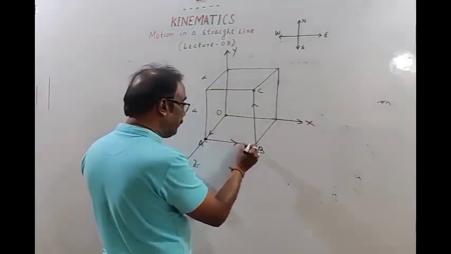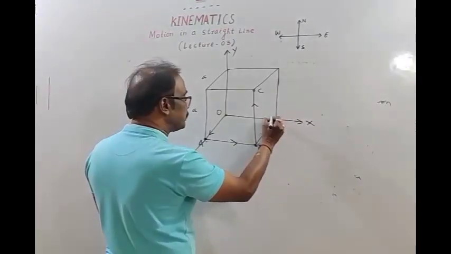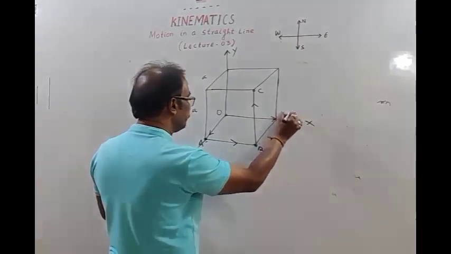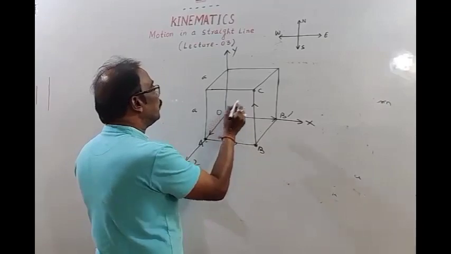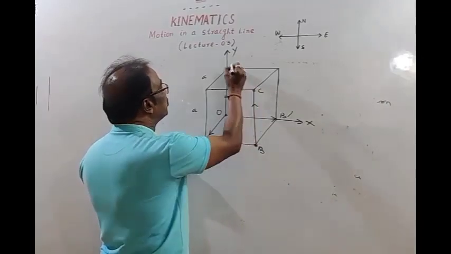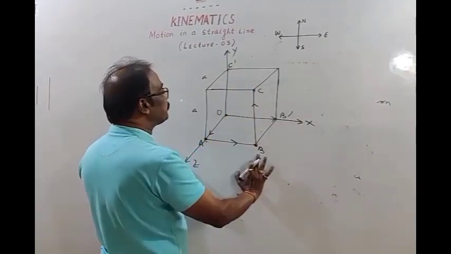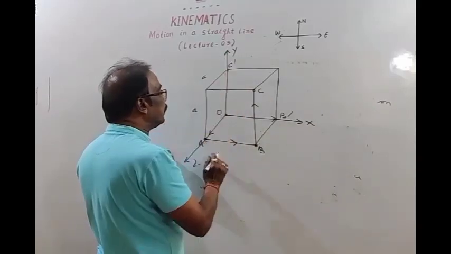See, AB is parallel to the x-axis. If this point is B dash, then the length of AB is equal to the length of OB dash. Similarly, the length of BC is equal to the length of OC dash. This is along the y-axis, this is also along the y-axis.